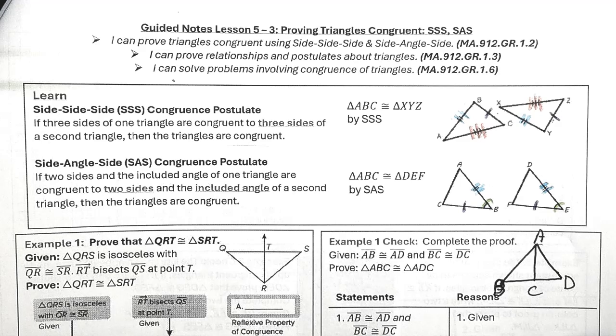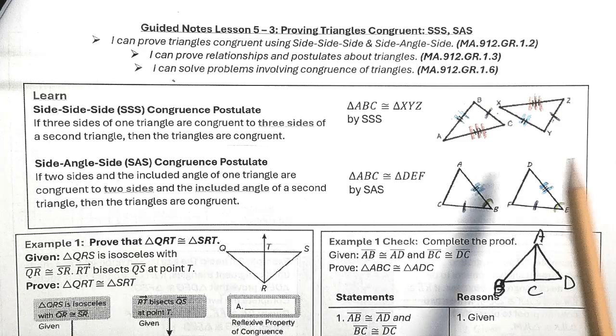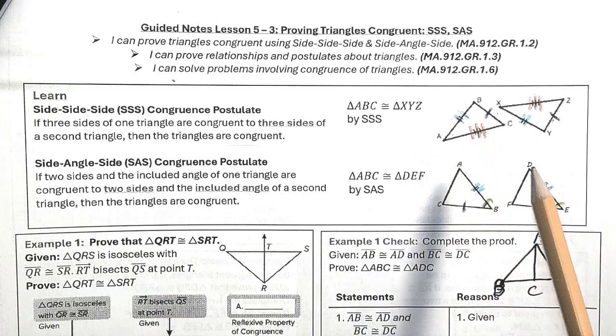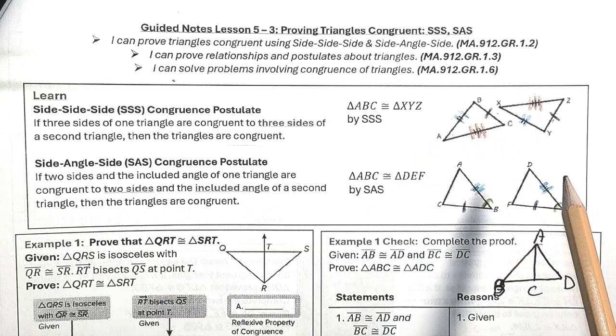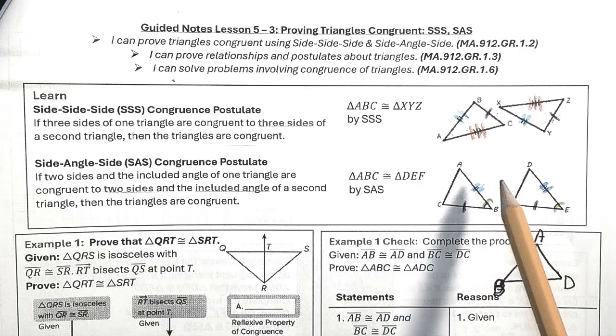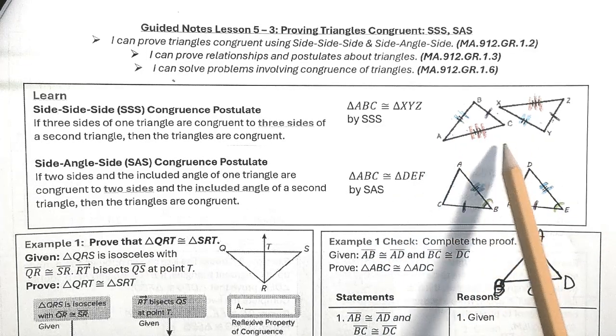A triangle has six corresponding parts, three angles and three sides, so 3 plus 3 is 6. In order to prove two triangles congruent, we need 3 of 6. So here we have 3 sides.